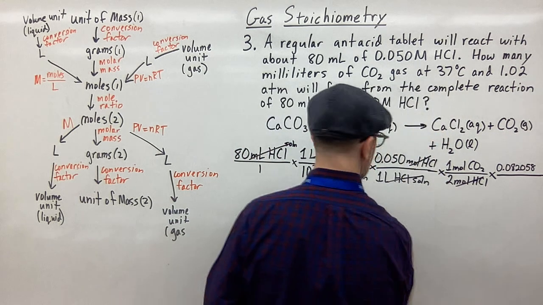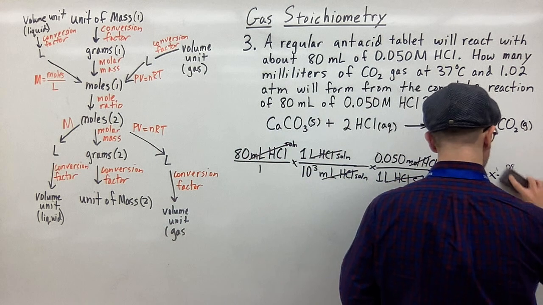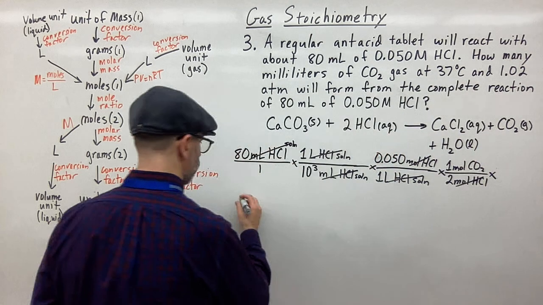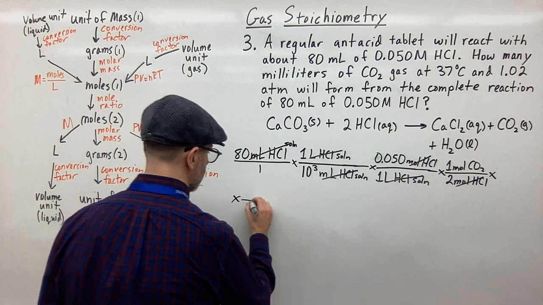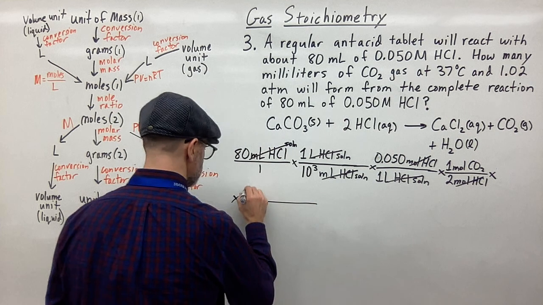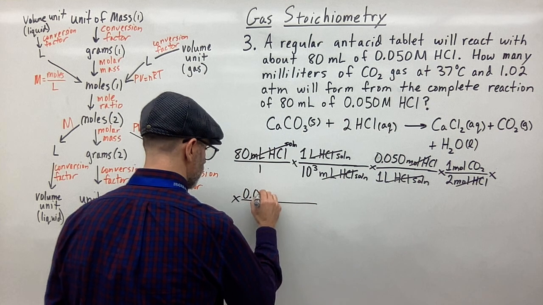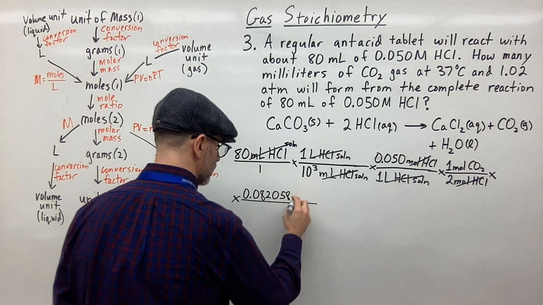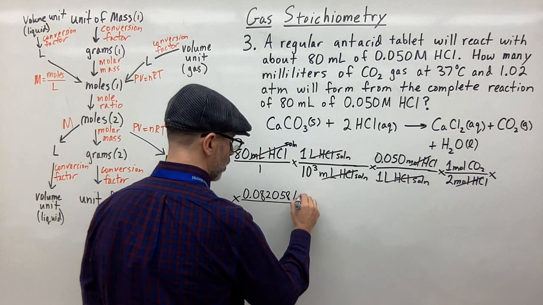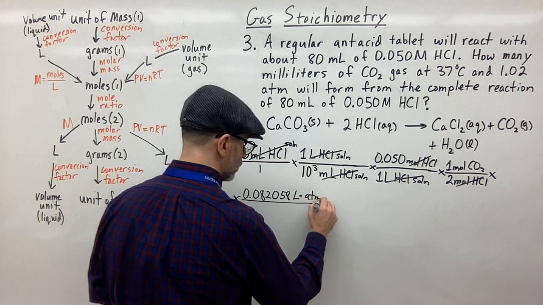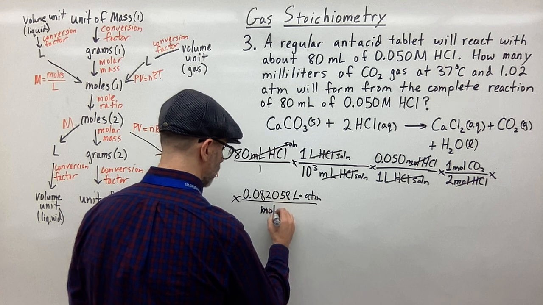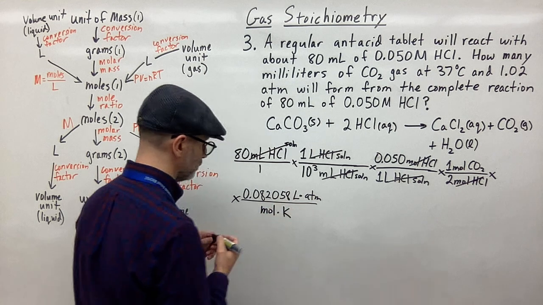Here, I'll write this down here to give myself some room. So we'll continue down here. So I have 0.0820058, and then this will be liter atmospheres over, and then we have mole Kelvin.